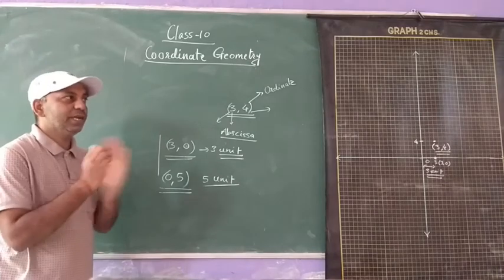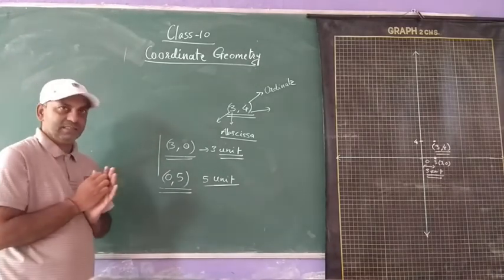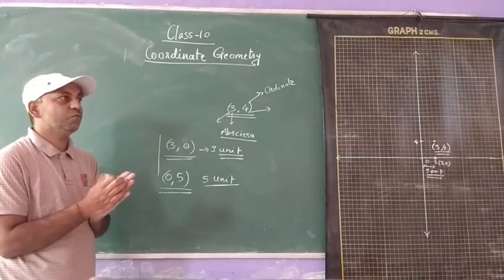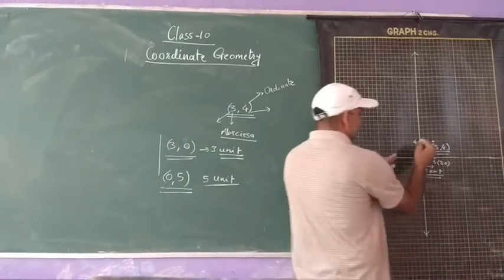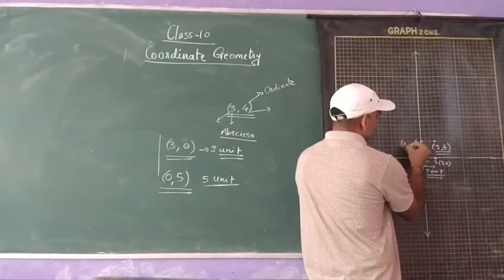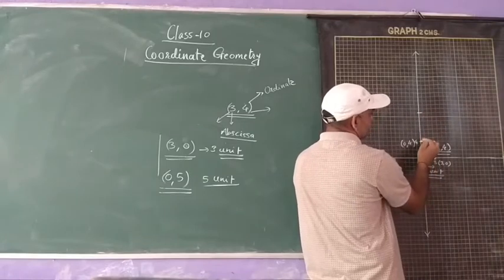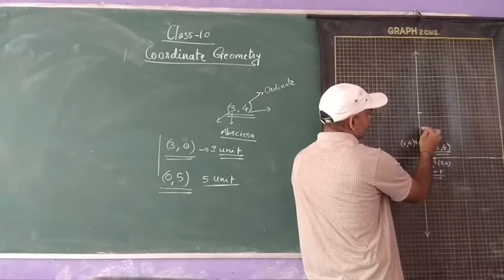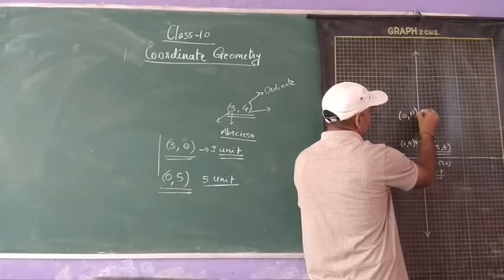So when the points lie on the x-axis or y-axis, we can easily find the distance between them. Suppose one point is (0, 4), and another point is (0, 11).